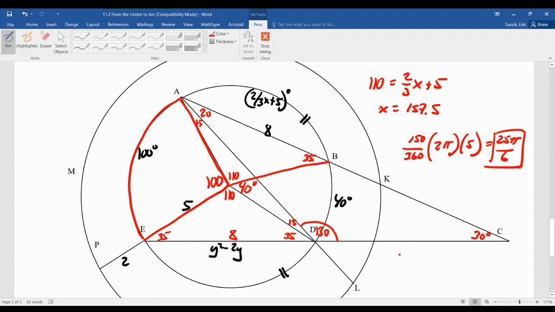So that would be 100 over 360 times pi times r squared. Should come out to 125 pi over 18. All right, I hope that helps a lot.